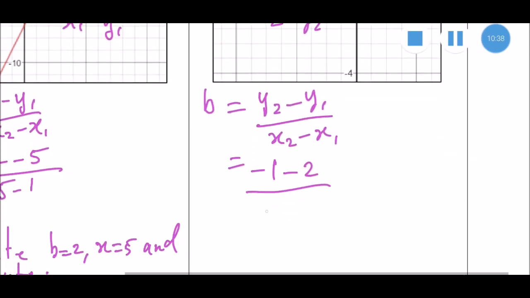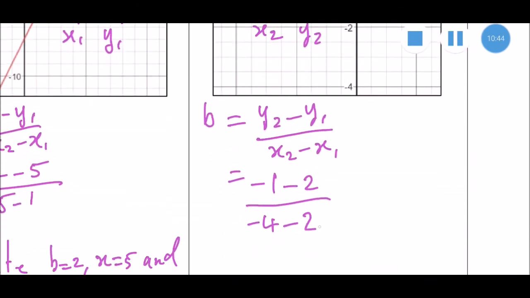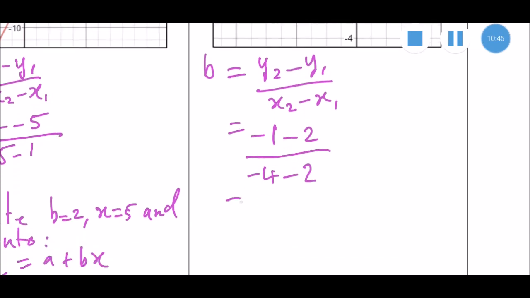Well, x2 is -4 minus x1, which is 2. So we have -1 minus 2, which is -3, over -4 minus 2, which is -6. So -3 over -6 simplifies to 1 over 2, a half.